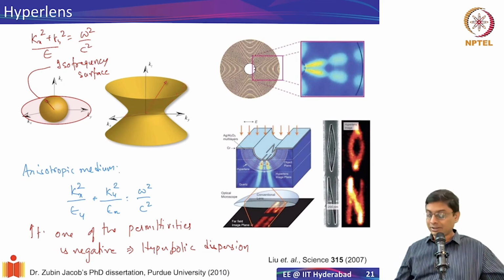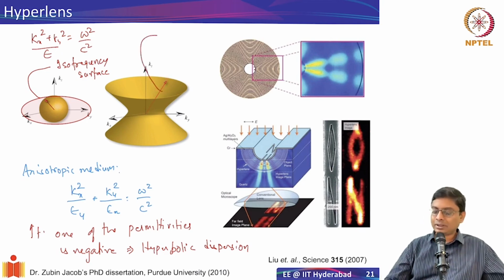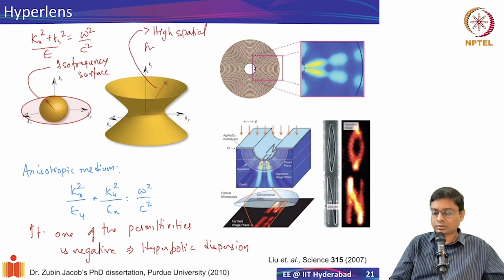So in principle, you can have very large k vectors supported in such a medium. If you have a hyperbolic medium, large k vectors or high spatial frequencies can be supported.